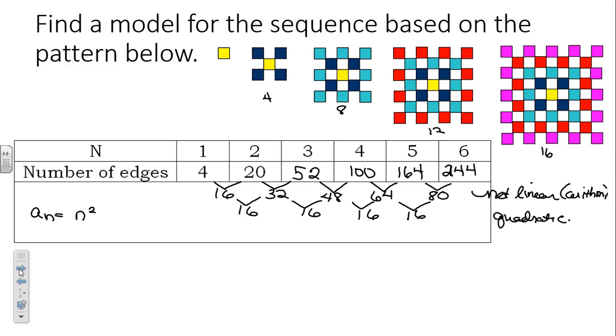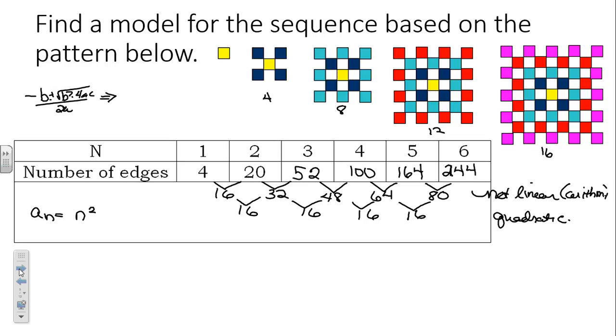mx plus b is linear. Good. So negative b plus or minus the square root of b squared minus 4ac all over 2a, right? Where did those numbers come from? Where did the a, b, and c come from?